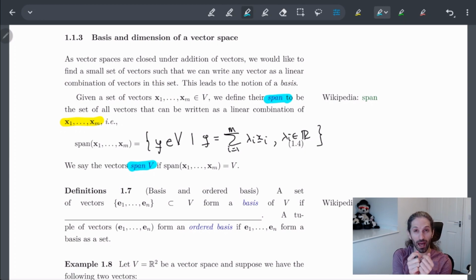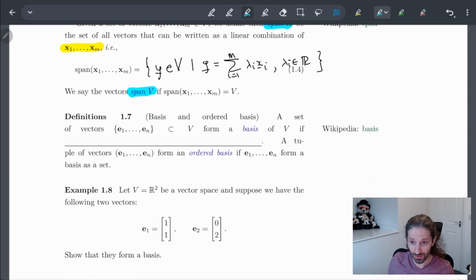But we need to add one additional condition, because obviously I could take the span of every vector, and then I'm going to have the vector space. So that doesn't really help. I'd like to minimize this. So in other words, I want to take a set of linearly independent vectors. And this is what we call a basis. So a basis is a set.